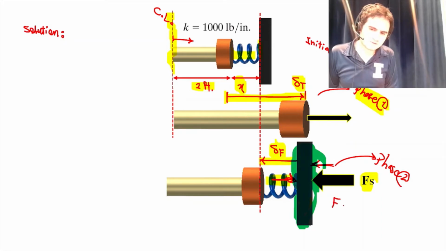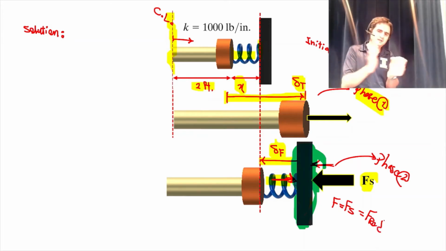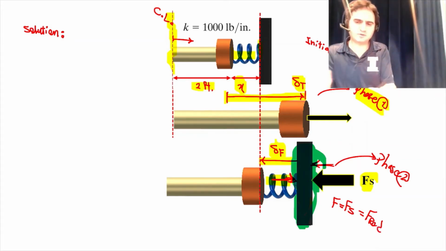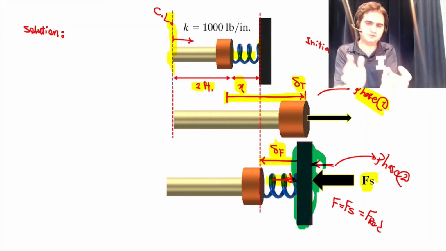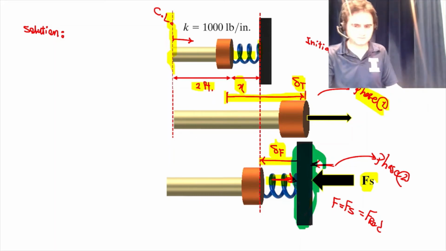So F is equal to F spring, and also F rod. The same force mutually applies to different parts of this configuration.